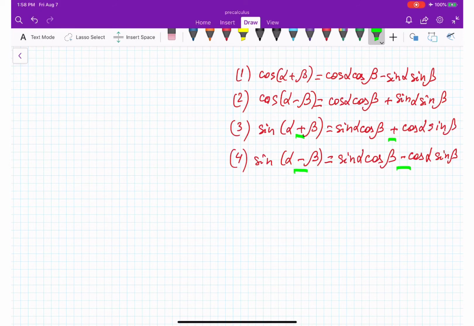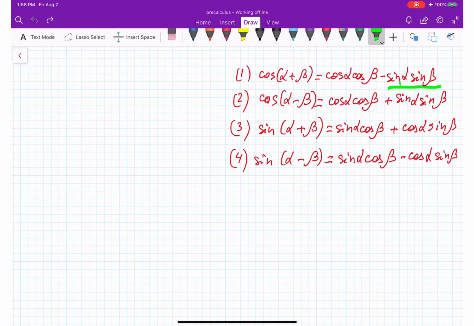Well, I don't know if this will help you to remember, but at least I tried. At least I remember it that way. It makes it easy. So cosine is more strict, more demanding: cosine sticks with cosine, and sine sticks with sine. But the sine formulas are more lenient, sine with cosine, cosine with sine, more friendly.